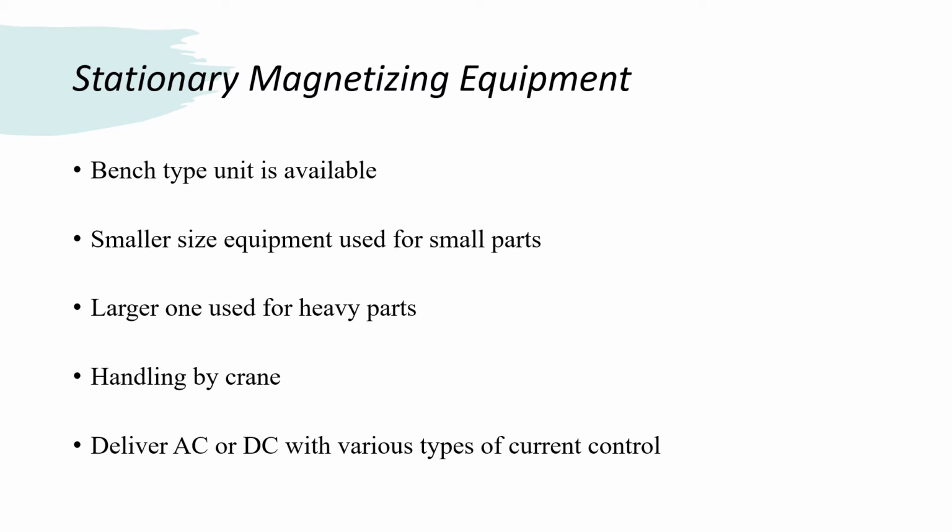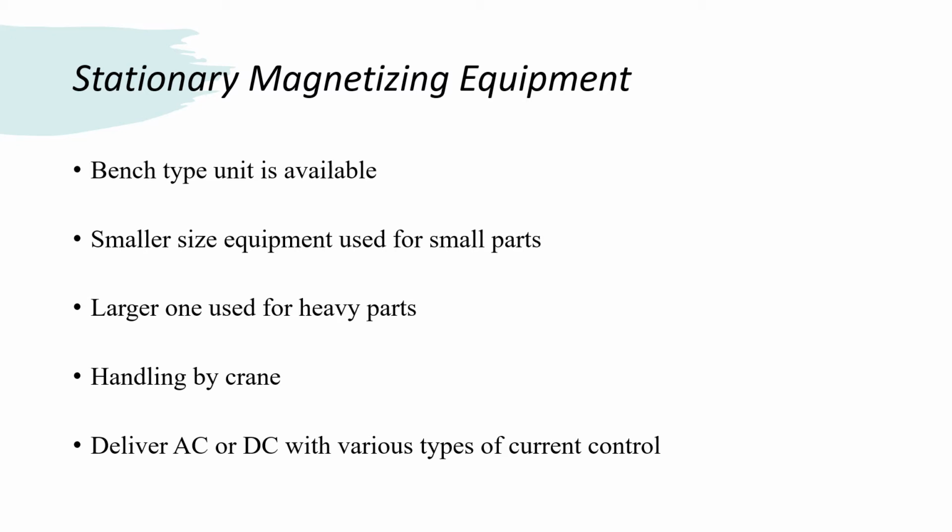Such units are made to deliver alternating current or direct current with various types of current control. Students, this stationary magnetizing equipment is a bench type unit.